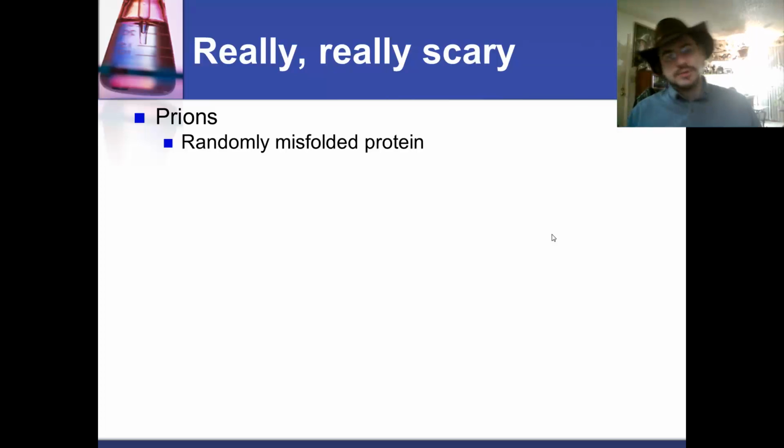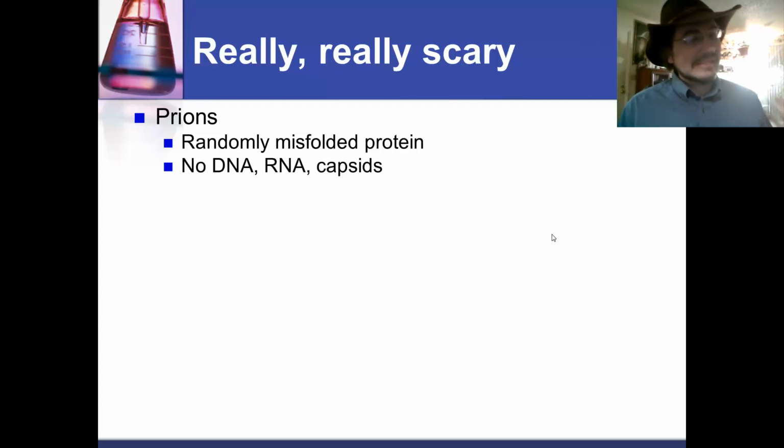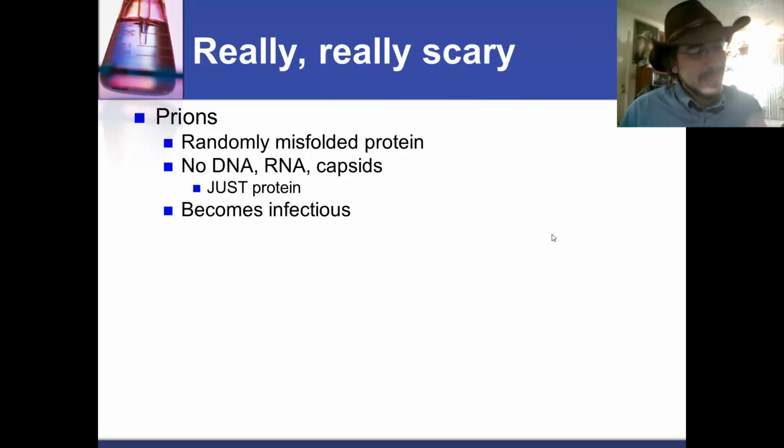Who cares, you say? Well, it's just a protein, but it's infectious. What does that mean, you ask? Well, when it touches any other kind of protein, it causes that protein to automatically misfold into a prion.